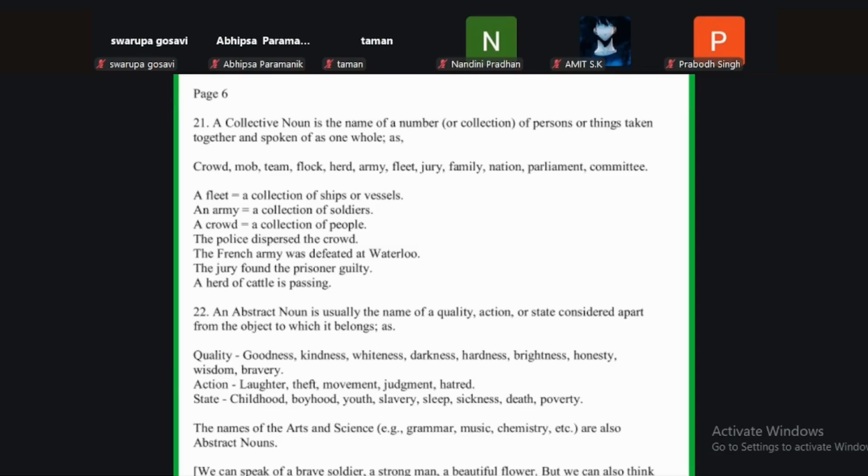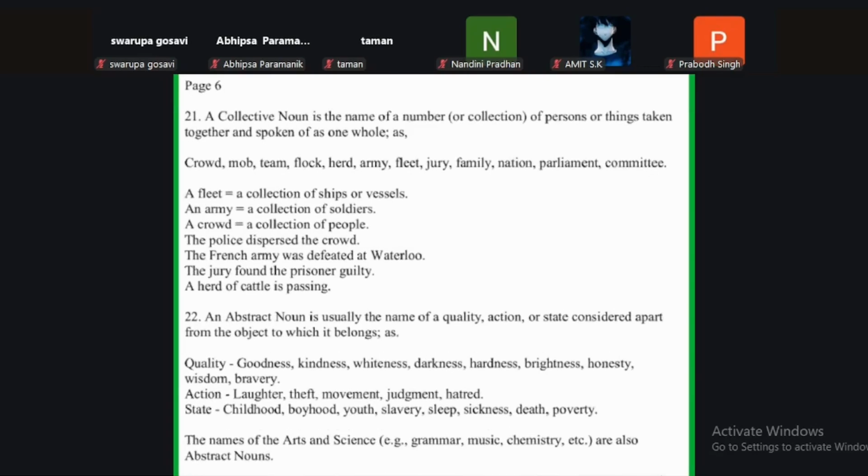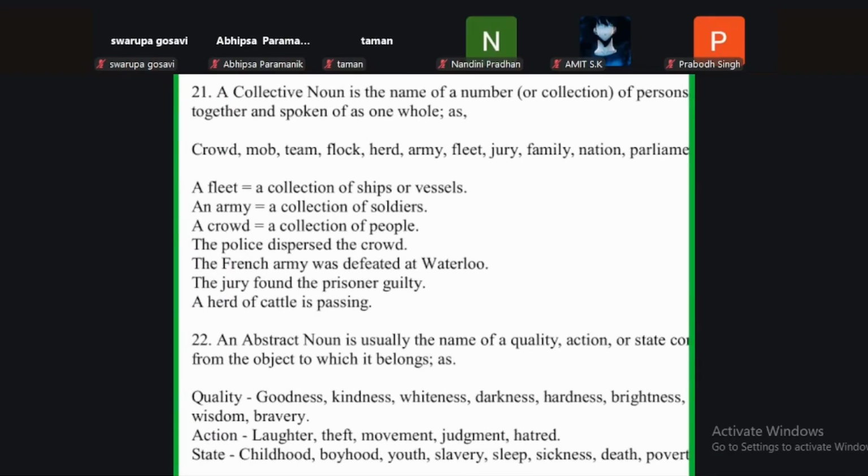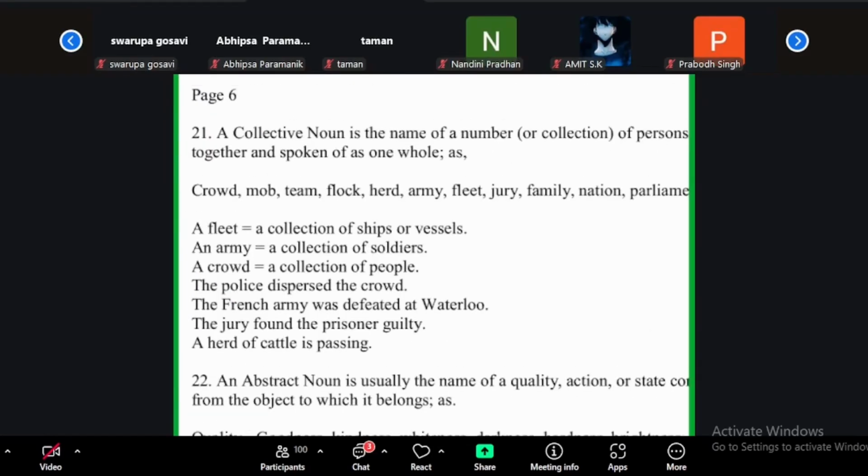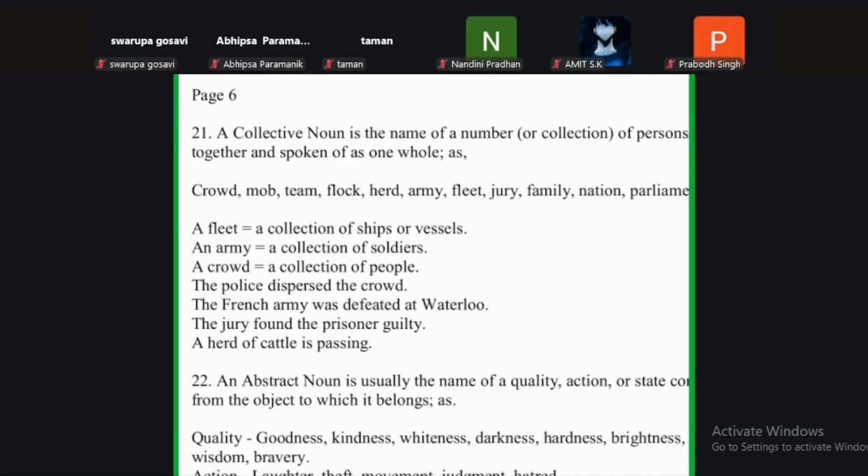Moving on, we look at collective nouns. Now, although you have done this earlier, it becomes a little confusing if you are not aware of which collective noun to use for which particular set of people or things or animals or whatever.